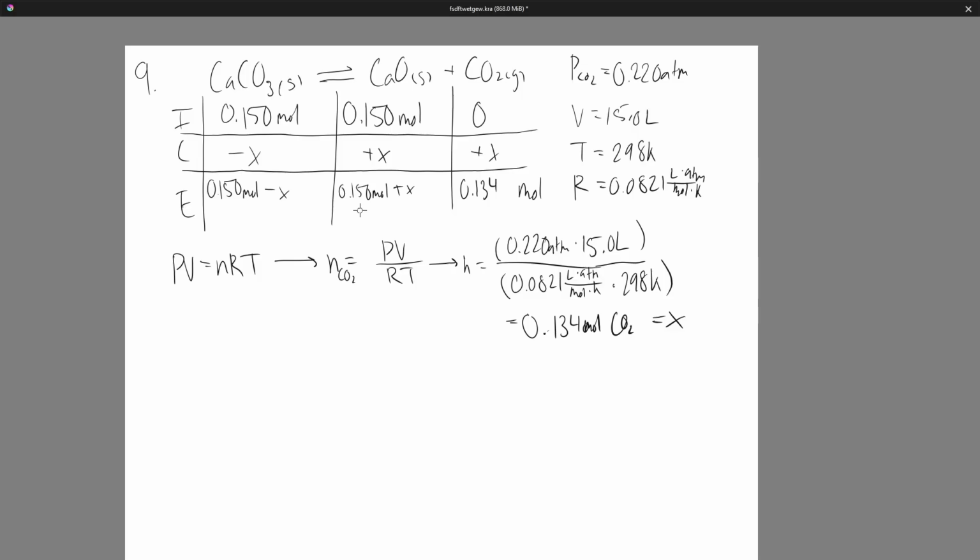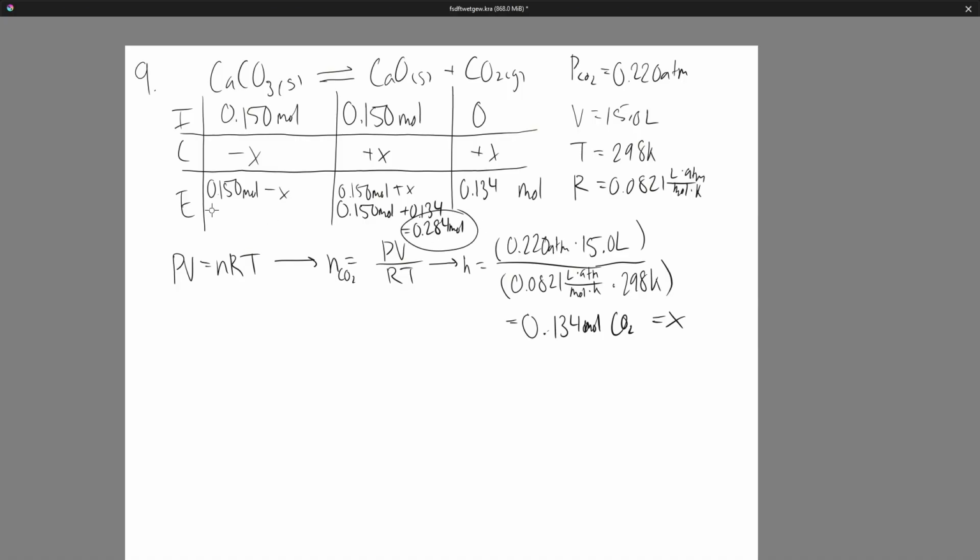0.134 moles. So now that we found x, we're going to plug it into both of these equations right here. So 0.150 moles plus 0.134 should be 0.284 moles.